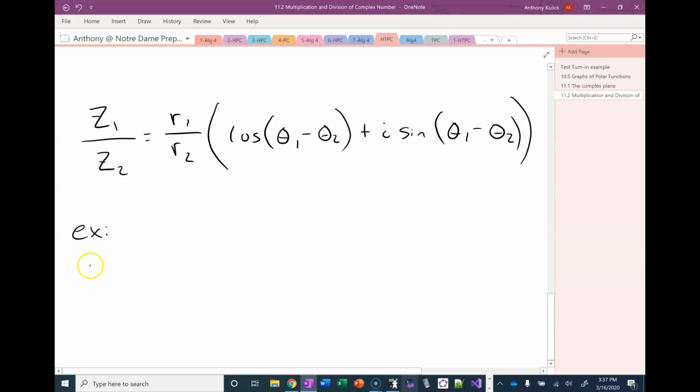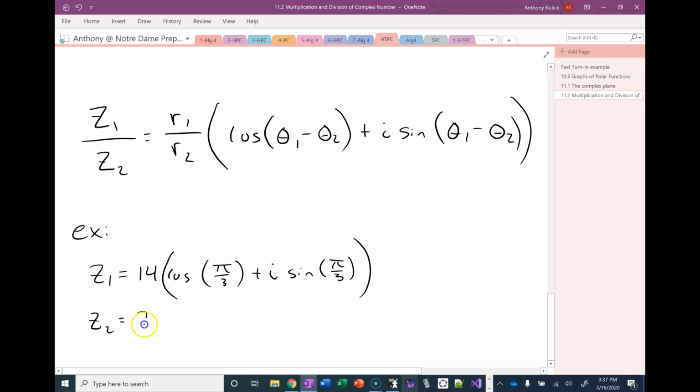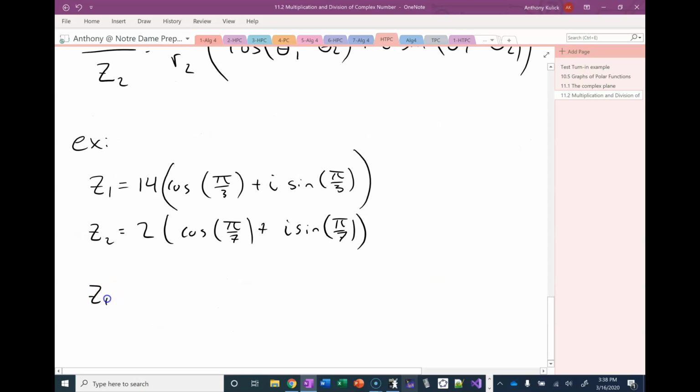So for example, if I have a z1 that's 14 cosine of pi over 3 plus i sine pi over 3, and a z2 that's 2 cosine pi over 7 plus i sine pi over 7, and I want to divide these.